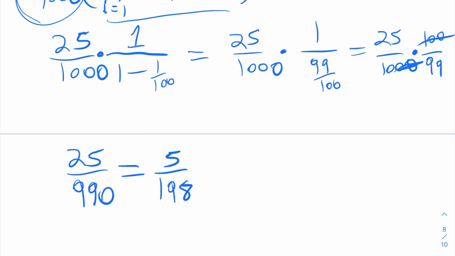And if you do that division on your calculator, you'll see that 5 over 198 is actually 0.025 repeating. And that's one of the applications of the infinite geometric series.